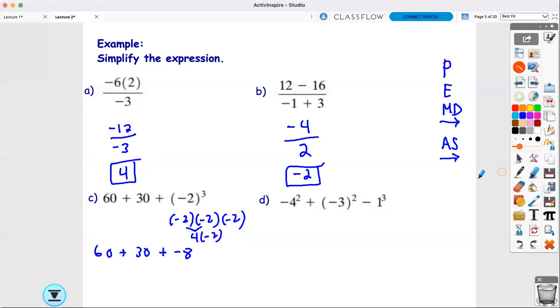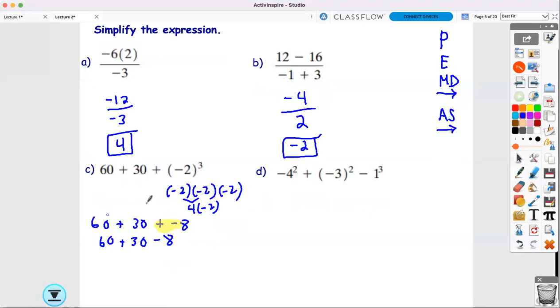Do me a favor, guys. Whenever you see a plus, a negative, like you're adding a negative, what's the same thing as adding a negative? Subtracting. So we're going to rewrite this as subtracting. So we're going to get 60 plus 30 minus 8 because they mean the same thing, okay?